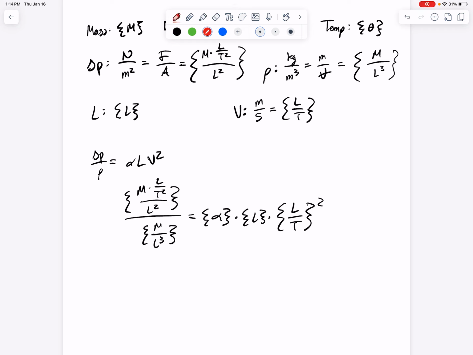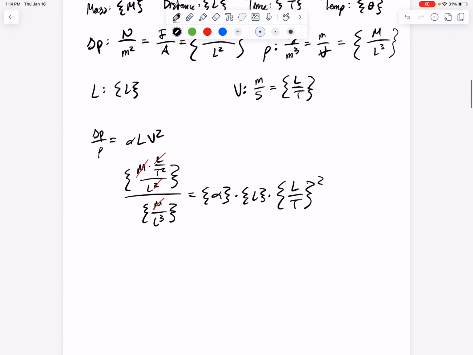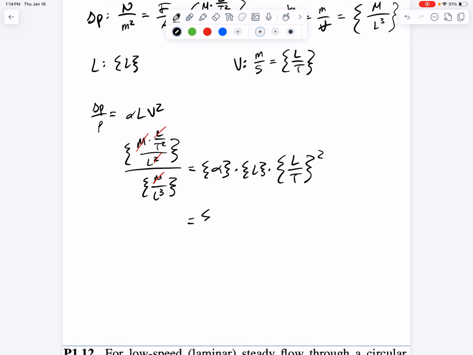All right, so let's work on the left-hand side first, because it's the most complicated. I see my mass units cancel out. For the numerator, I see this L cancel out with this L squared. And I'm now going to group these units together to get the following.